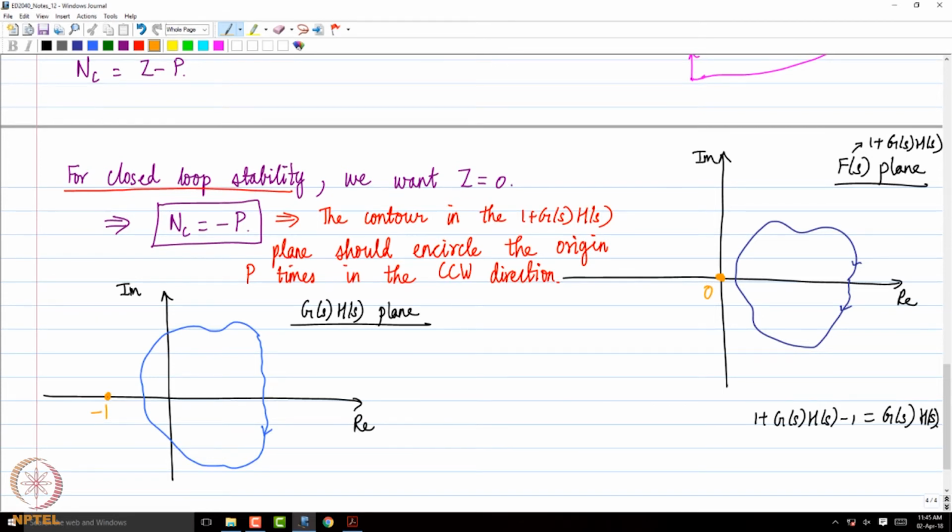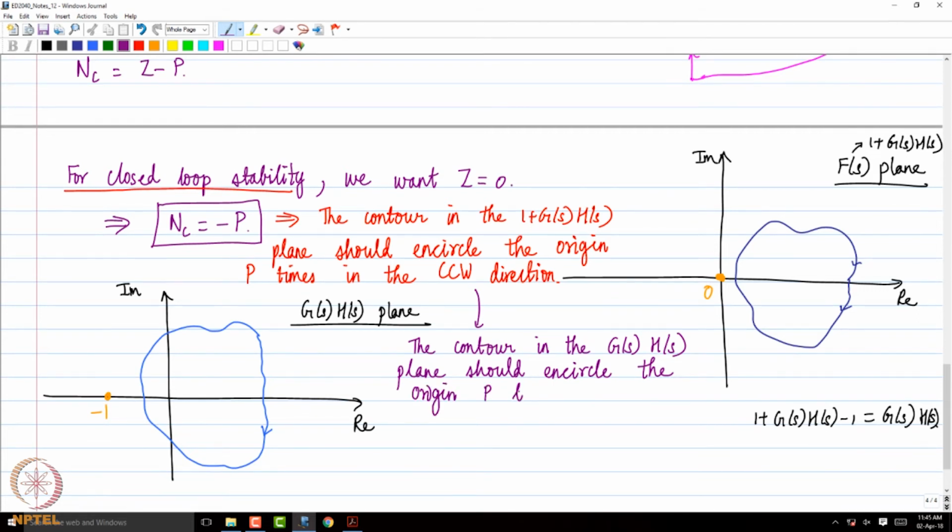So the same condition can be rewritten as: for closed loop stability, the contour in the G(s)H(s) plane should encircle, sorry, not the origin, the minus 1 point, P times in the counterclockwise direction. This becomes the Nyquist stability criterion now.